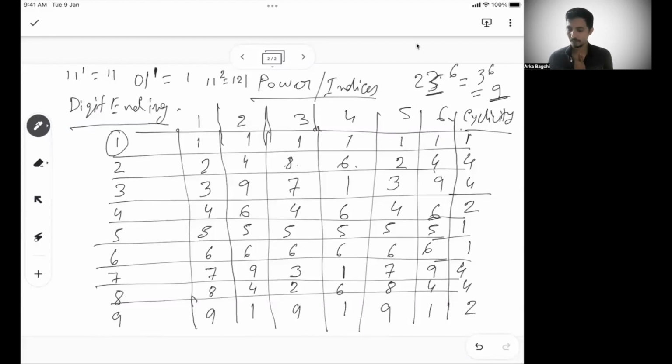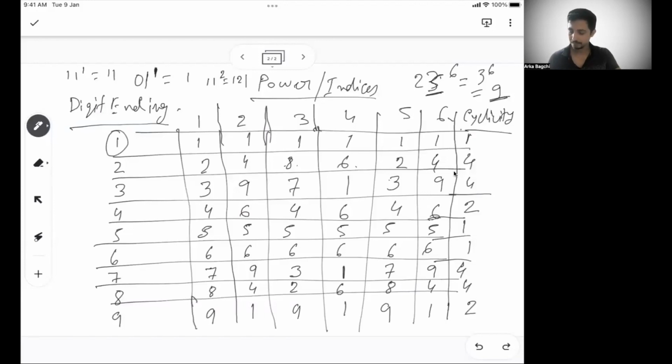Now for that, you have to understand what your cyclicity is, and remember that. If you understand the concept of cyclicity well, you see 4 is the maximum cyclicity of any given number's last digit.